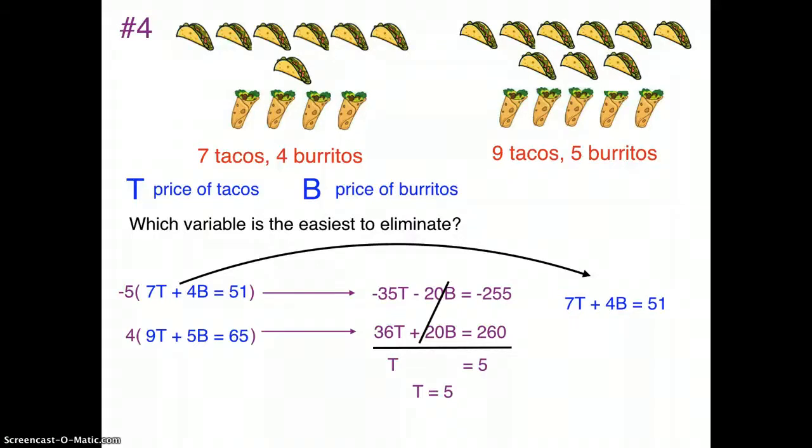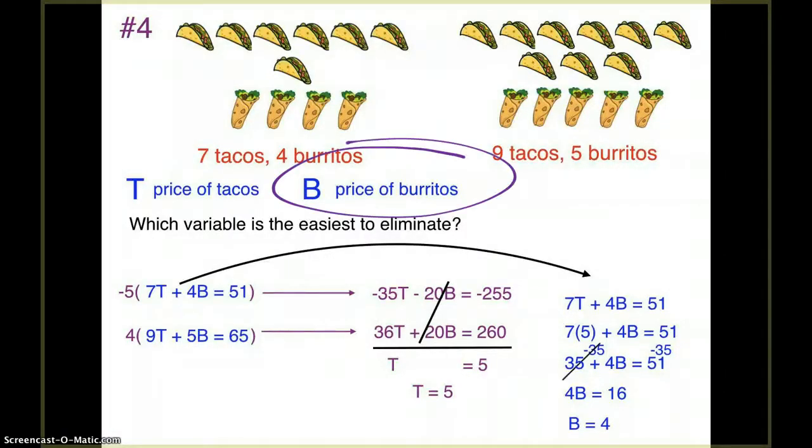I'm going to plug it in for t, making sure I have parentheses, leaving me with 35 plus 4b equals 51. I have to get rid of my constant first, leaving me with 4b equals 16. Very last step is to get rid of your coefficient, which is dividing by 4, and b equals 4. So again, what does b represent in this case?